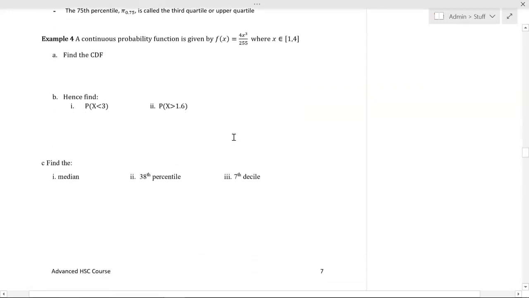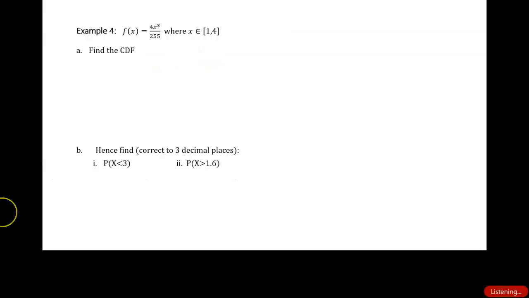A continuous probability function is given by this, where it goes from 1 to 4. Find the CDF. So to find the CDF, our usual notation is to use a capital F(x), just like a primitive function. And we're going to integrate from the start, which is 1, up to some random x value. So basically we're finding the area of that, but not the whole area, just up to some special value.